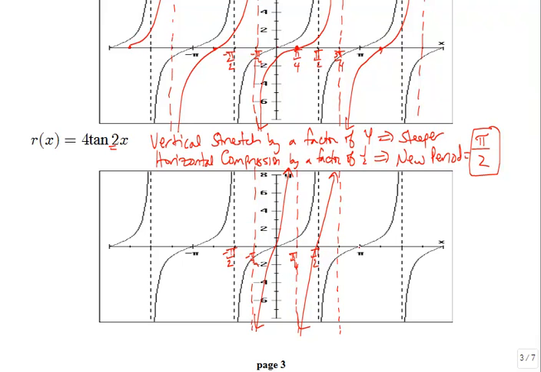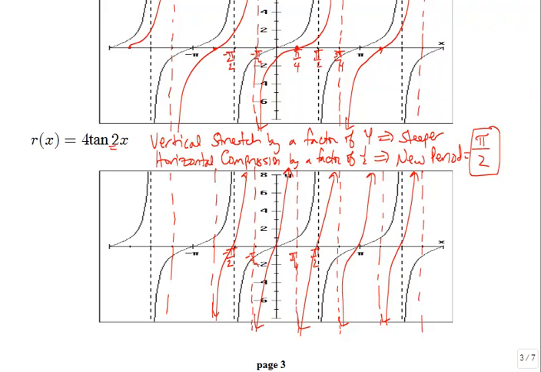Here's my last asymptote. I'm going to go over pi over 2 from there, over another pi over 2 from there, and I'm going to draw in those steep tangent curves. And then I'm going to go pi over 2 to the left, another pi over 2 to the left, and another pi over 2 to the left.